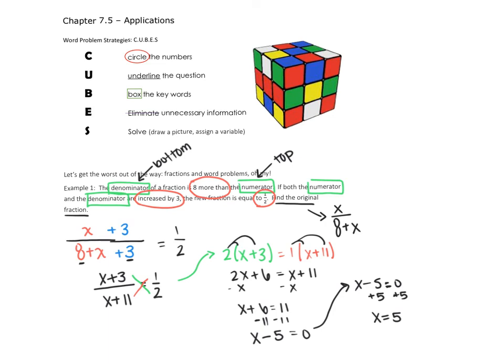Now that is not quite my answer. Remember, the problem I'm trying to solve is find the original fraction. This thing is the original fraction, x over 8 plus x. So I need to plug in my x to the original fraction, and that's going to give me my final answer.